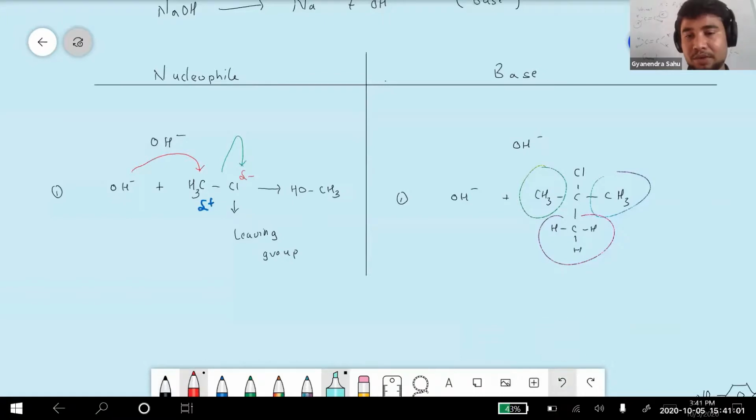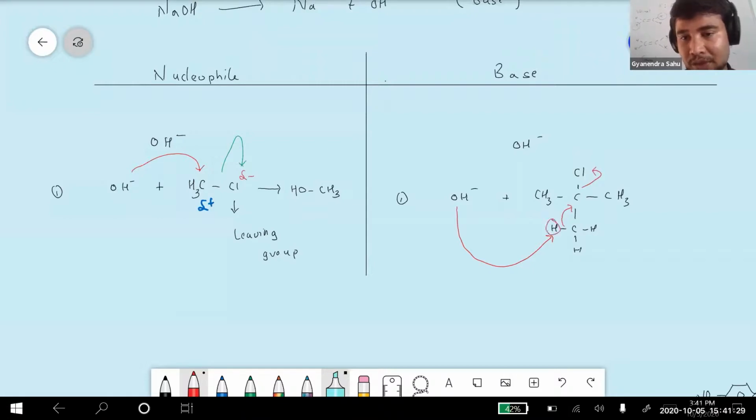Instead of taking the molecule, instead of replacing that group, here what OH minus will do is take out the acidic hydrogen. What is acidic hydrogen? The most electropositive hydrogen. In this case, all the hydrogens are the same, so we don't need to think about that. So this will extract this hydrogen from here, and because of that, this will shift over here, and this will leave.